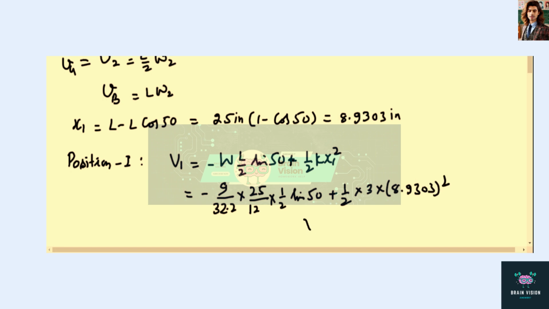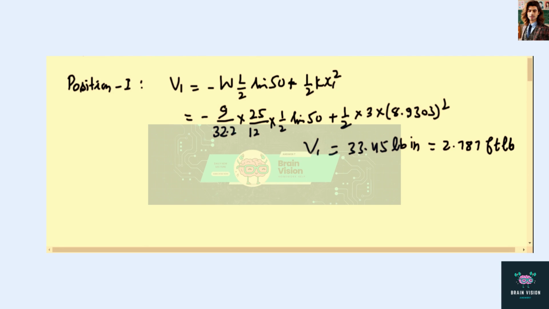So on solving it, potential energy of the system will be 33.45 pound into inch, or you may write 2.787 feet into pound. Initially, the system is at rest, so its kinetic energy will be 0.